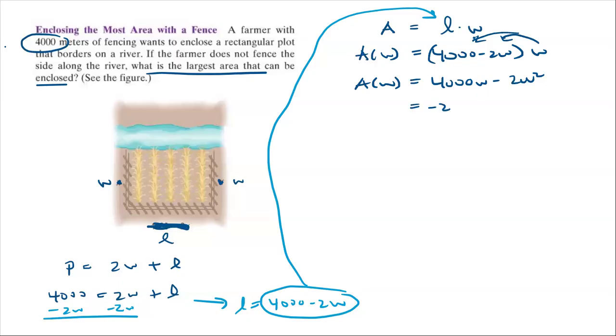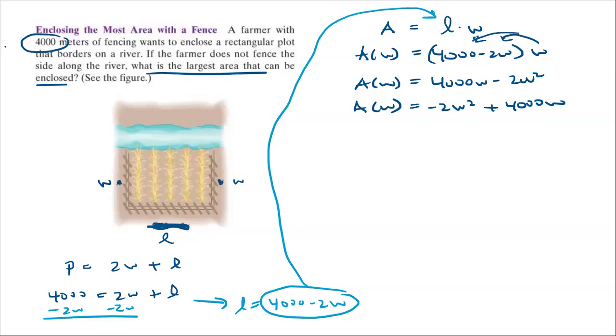So this will be negative 2W squared plus 4,000W. Do you have to do that? No, but it does help when we use the other formula to maximize the area.